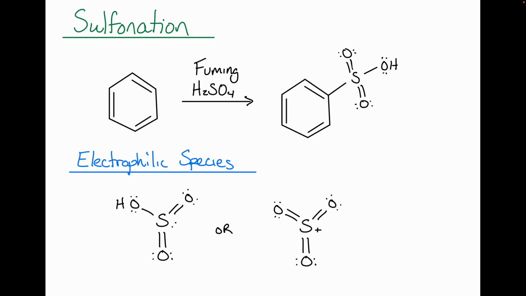All right. Our last two are kind of special. They have a special name associated with them, and they're ones that we want to keep in a special place in our brain because it's one of our few reactions that's going to create a new carbon-carbon bond. Creating new carbon-carbon bonds, those reactions are kind of few and far between, so this is how we could create a new carbon-carbon bond on a benzene ring.